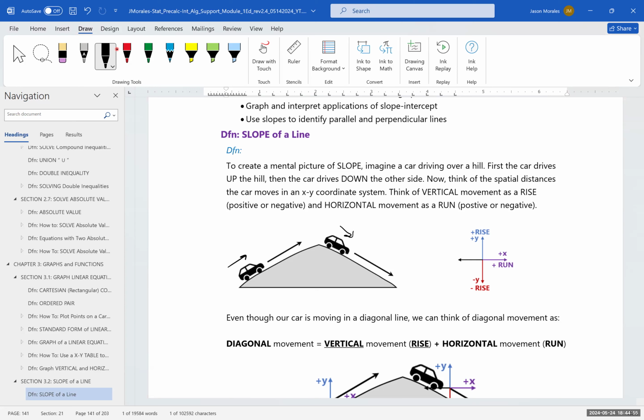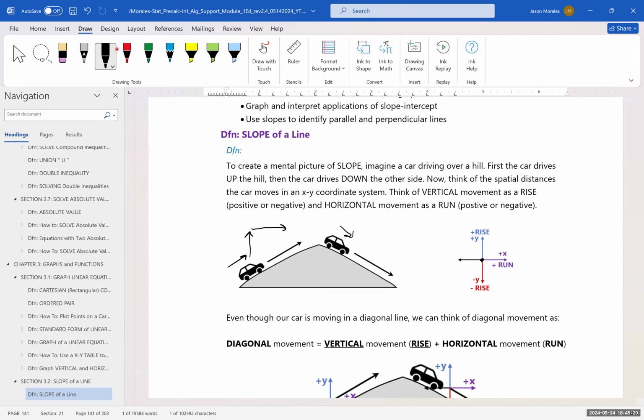Think of vertical movement as a rise. As the car is going up the hill, it's moving vertically, it's moving higher. That's considered rise. And horizontal movement, meaning it's traveling across the slope, that's what we call run.